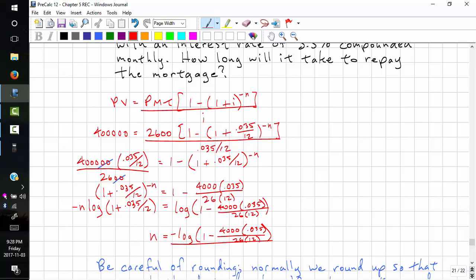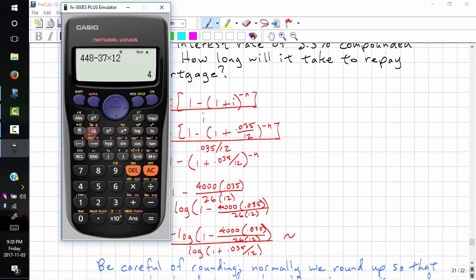Put the negative sign in the numerator. And plug this into the calculator. Negative log. Log already has brackets, so we don't have to add extra brackets.